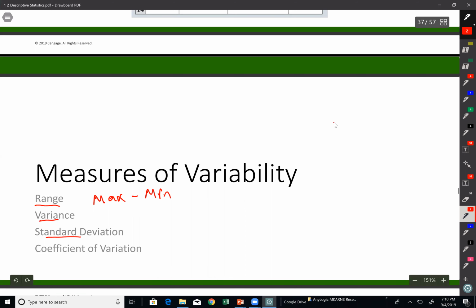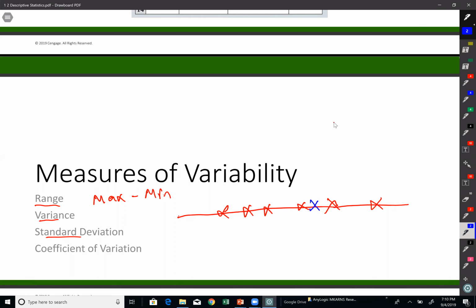measure. So intuition-wise, let's say these are your data points. And let's say this is your average. Standard deviation and variance is nothing more than just measuring the distance between your data points, in this case, red axes, and the blue X, which is my average.